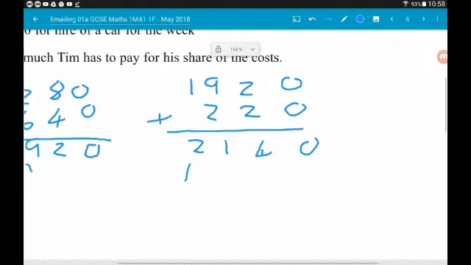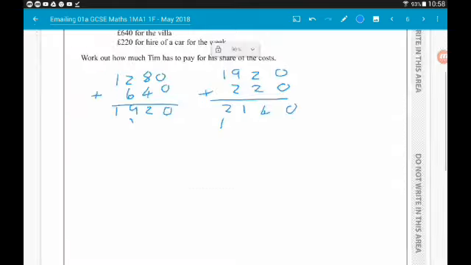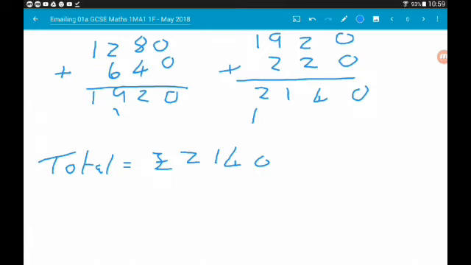So the total cost of the holiday is £2,140. So to work out Tim's share, we need to divide this by 4.